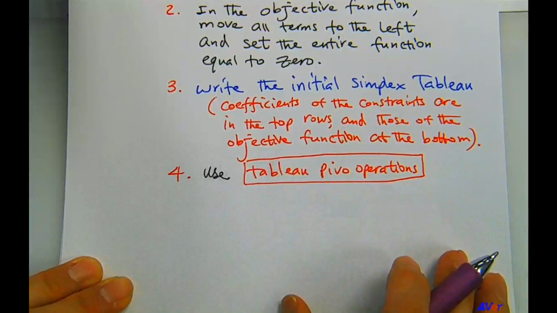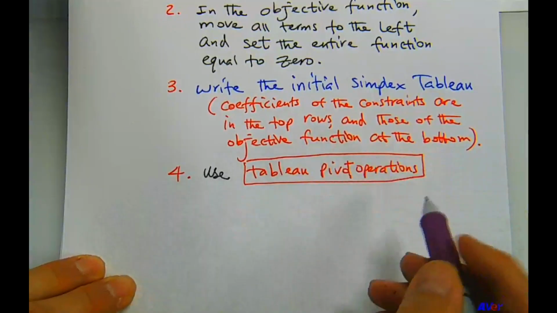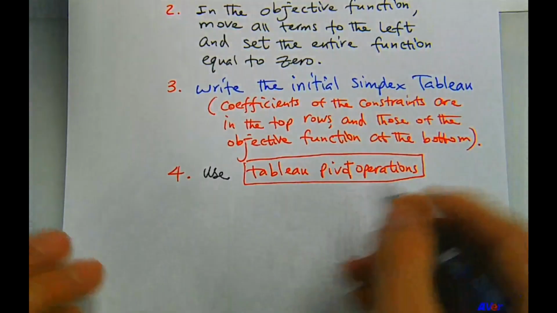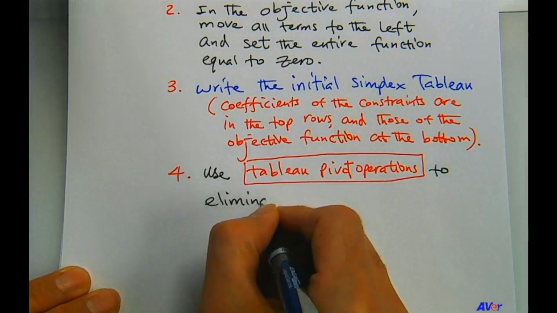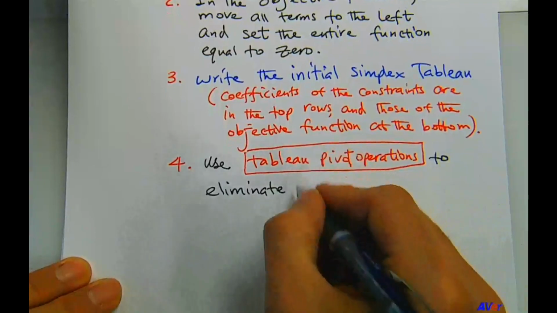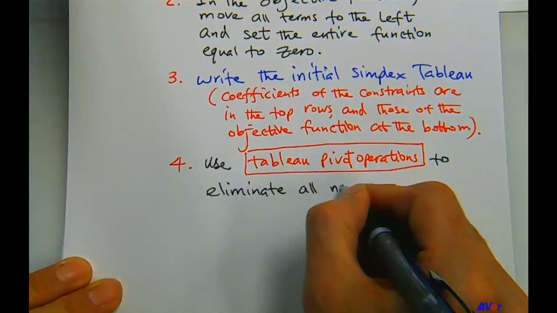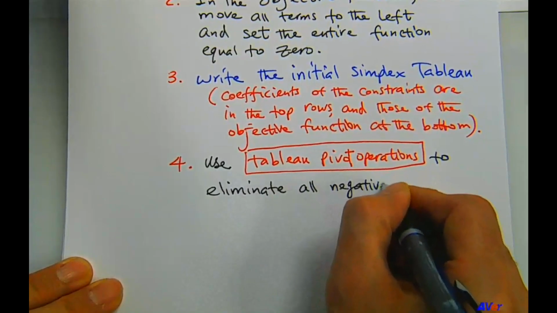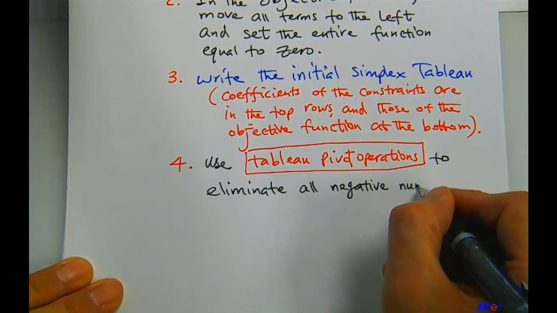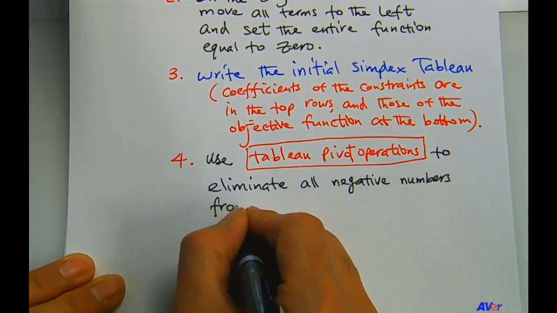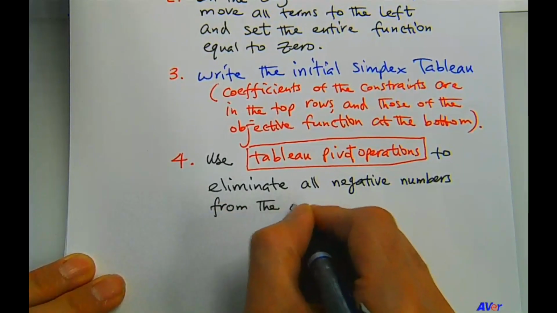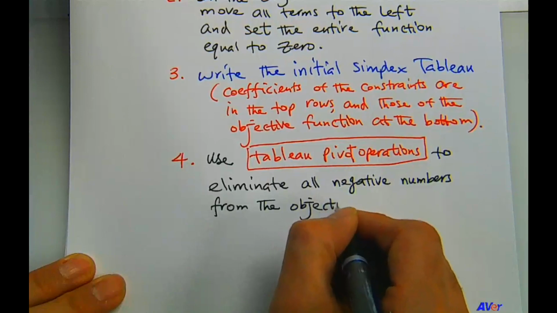Use tableau pivot operations to get numbers from the objective row.